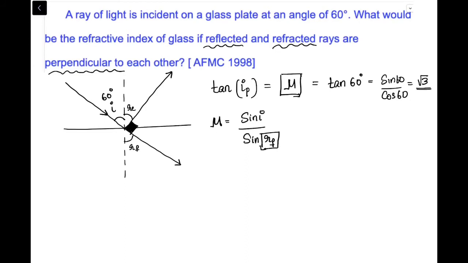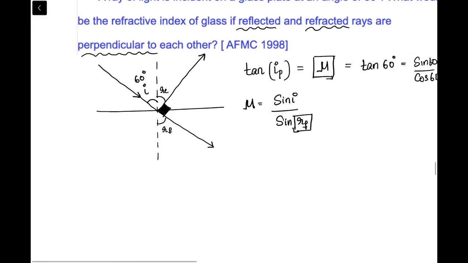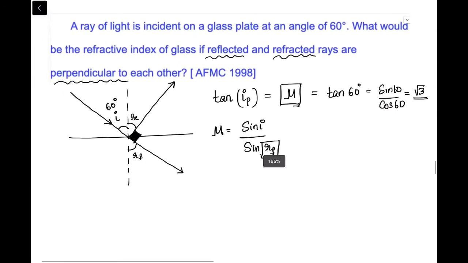For that, they have given the hint that the angle between the reflected and refracted light rays is 90 degrees. So let's take this big angle. What will be the sum of all these angles? It will be 180 degrees. So the angle of reflection plus 90 degrees plus RF will be equal to 180 degrees, from which you can calculate RF.